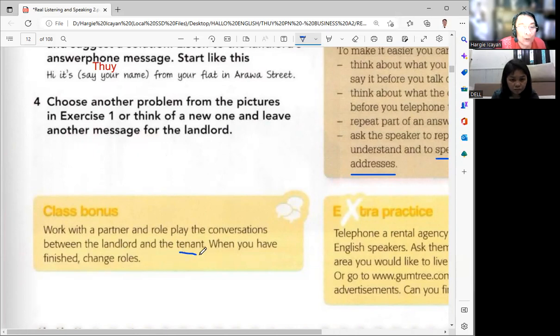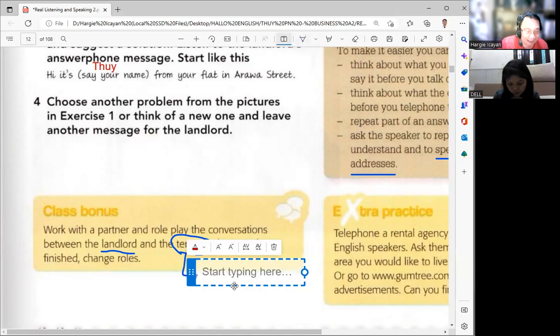Now, when we are talking about tenant, do you know what a tenant is? Okay, landlord is the owner, right? Tenant is the one who is renting.